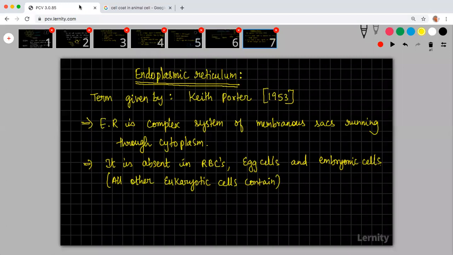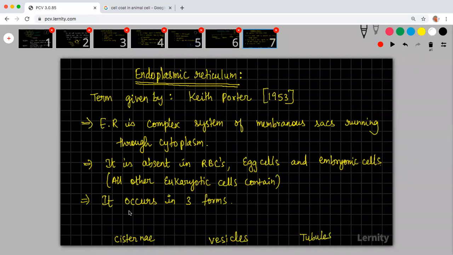Okay, so this is about endoplasmic reticulum. It occurs in three forms: cisternae, vesicles, and tubules.